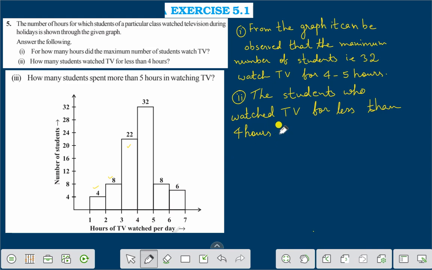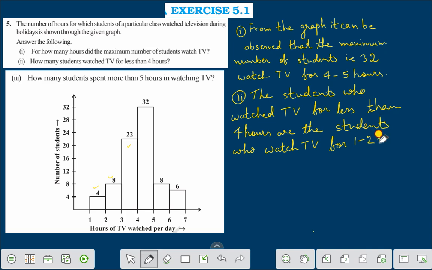are the students who watch TV for 1 to 2 hours.